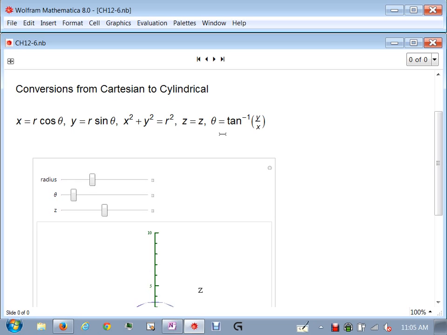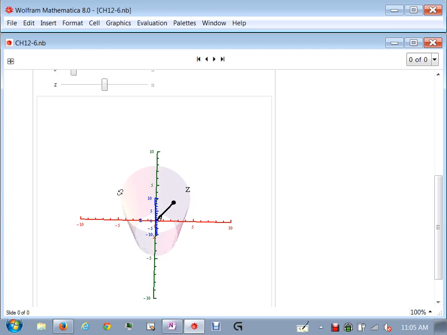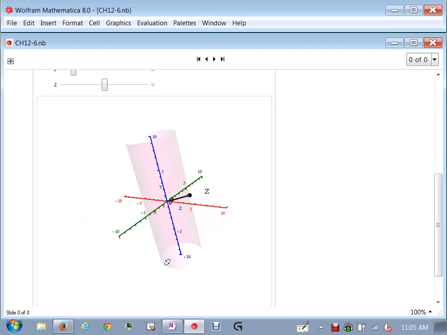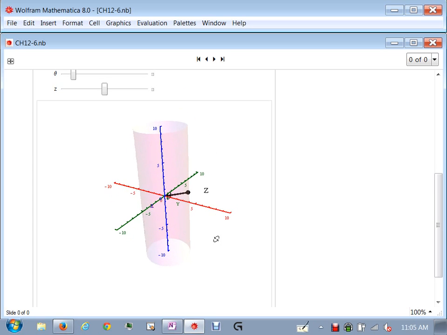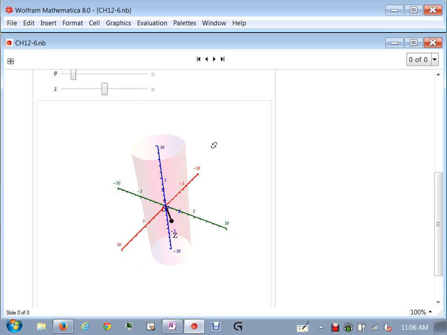So let me show you why they call this cylindrical coordinates. A cylinder looks like a beer can, right? So here's our two-dimensional space. If now I pop this out of 2D, so here I popped it out of 2D now, and I'm in three-dimensional space, I'm going to rotate this around. Here we go.